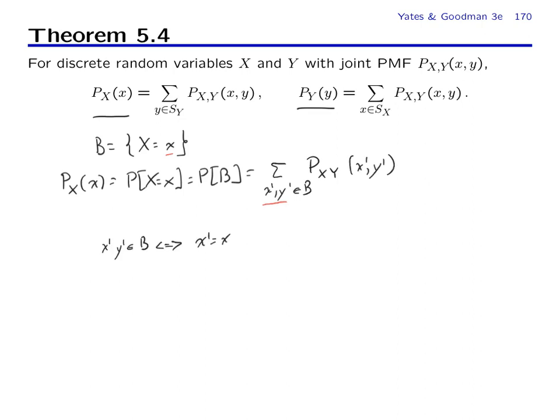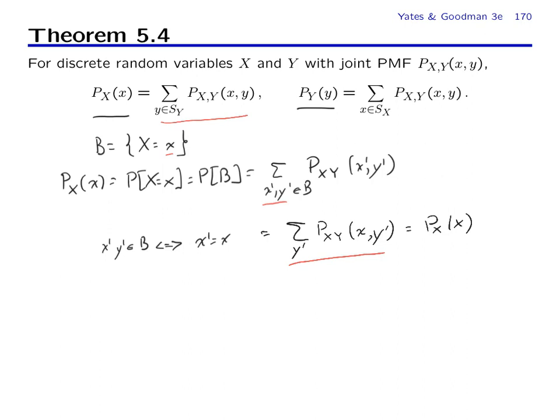So the sum then becomes the sum over all y prime of the joint PMF of x and y prime. And in fact, I realized I just made a mistake. This should be a y prime. And this is exactly equal to Px of x. That is, this sum over y prime is the same as a sum over y because y and y prime are both dummy variables.